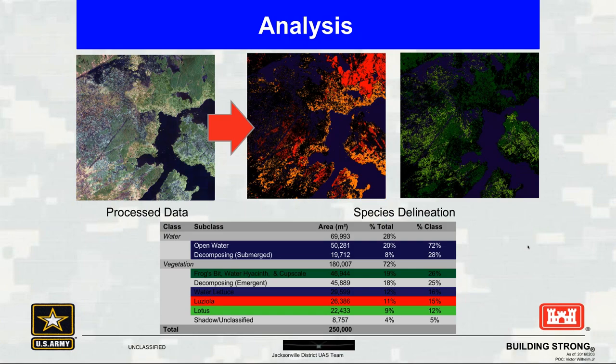We went back and ground truthed certain sites, and there were some noticeable errors in places where it got mixed in with the American cupscale grass. But for the analysis of the whole Fisheating Bay site, not this 250 acres, we found the Luziola was covering about 15 to 25% of the total available area.